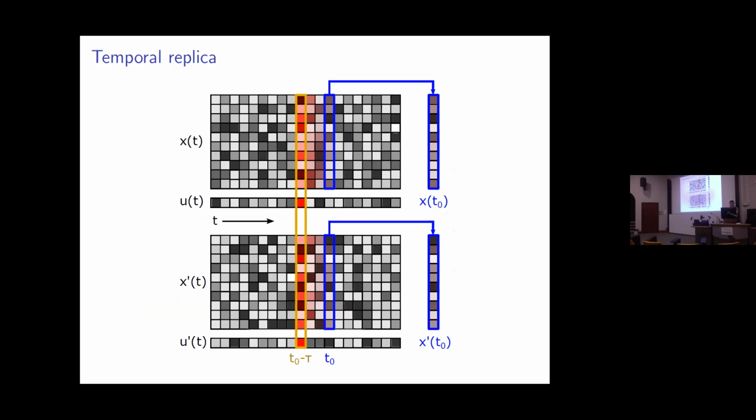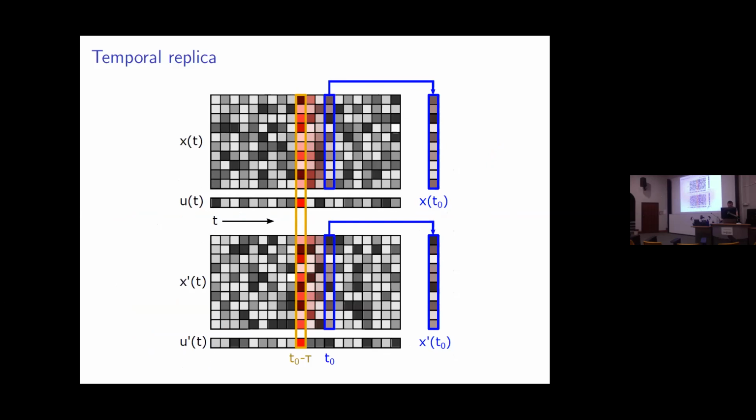But how do we do that? In a similar creative way that we redesigned the replica test to account for the individual input channels, we can redesign a replica test to account for individual points in time. So now in the top part, you see an input signal, just a scalar input sequence, and the corresponding reservoir response.